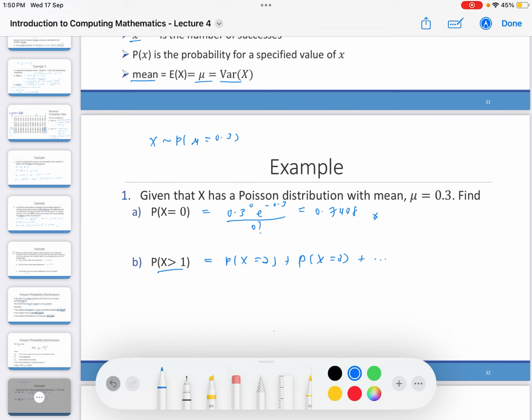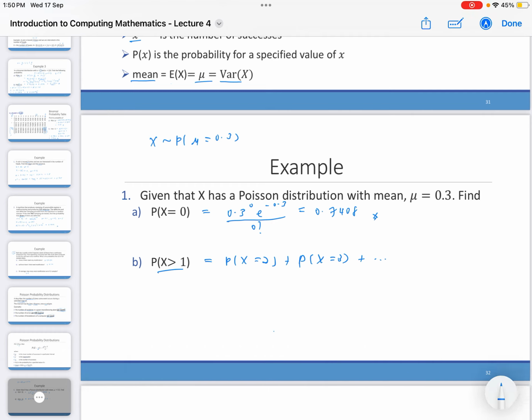We cannot calculate up until infinity, so we use the complement rule. This is 1 minus probability of X less than or equal to 1. For the complement, we include the equal sign. So this is 1 minus, in brackets, probability of X equals 0 plus probability of X equals 1.